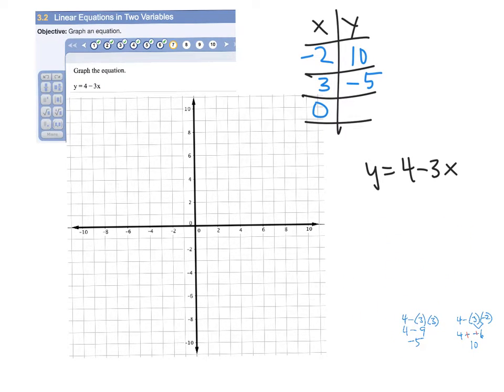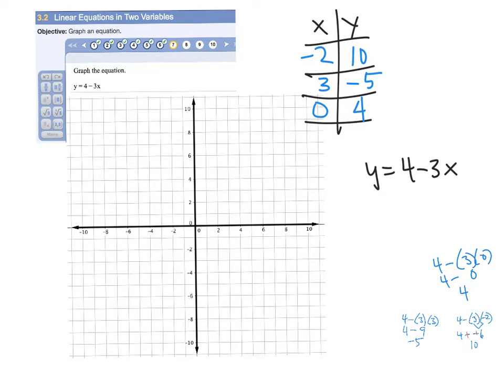We don't need it. And then the last one, when x is 0. So you've got 4 minus 3 times 0. So that becomes 4 minus 0, which is just plain old 4. So that tells you when x is 0, y is 4, and we don't need this guy anymore, so we could shrink it down.